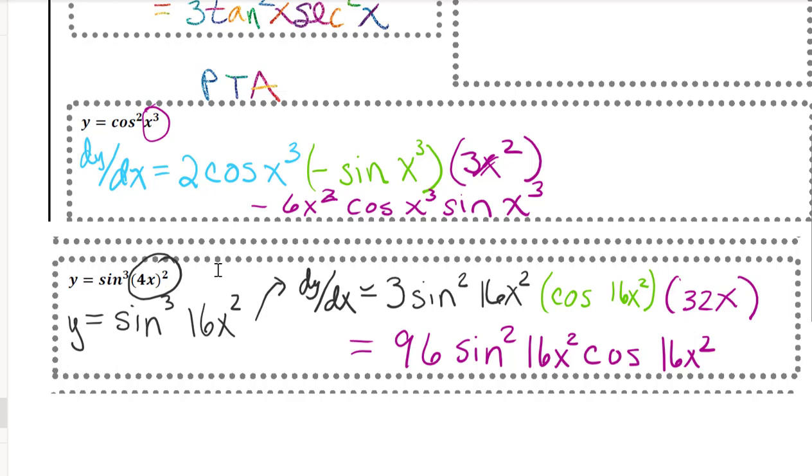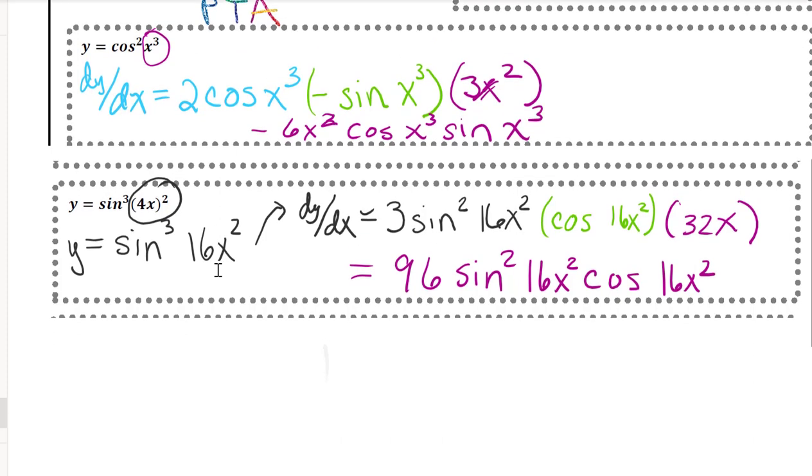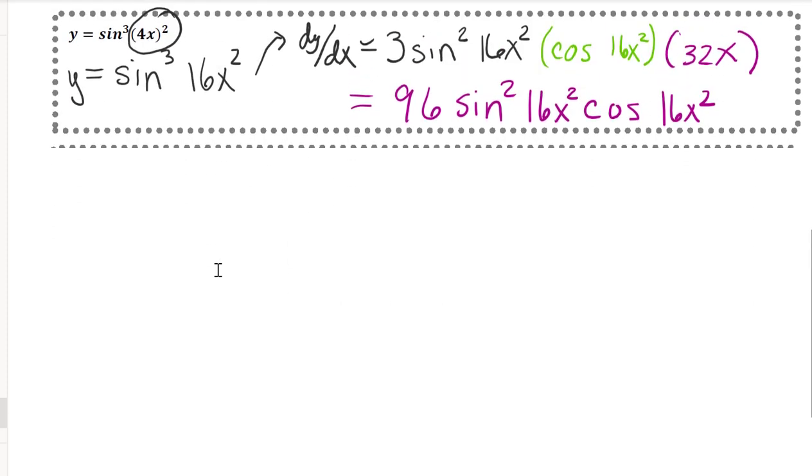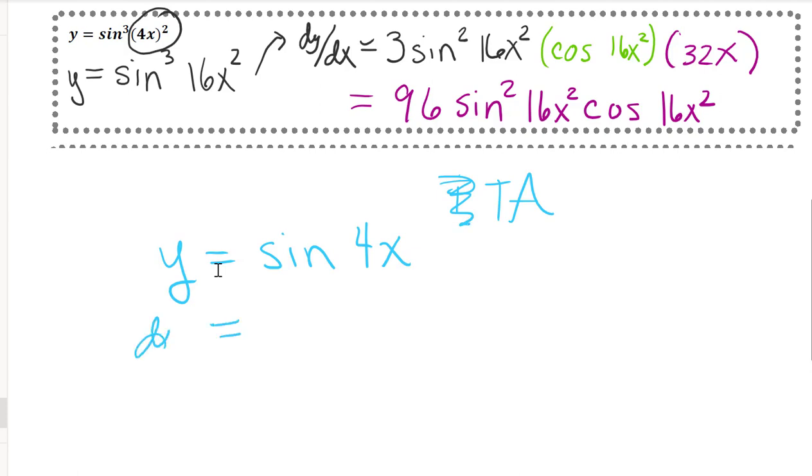That would be that. A couple things came up, because I've already met with the A-Day. They had a question like y equals sine of 4x. So this does not have a power, so I keep saying we follow PTA. If there's no power, you just skip that part. So you do the derivative of the trig function.